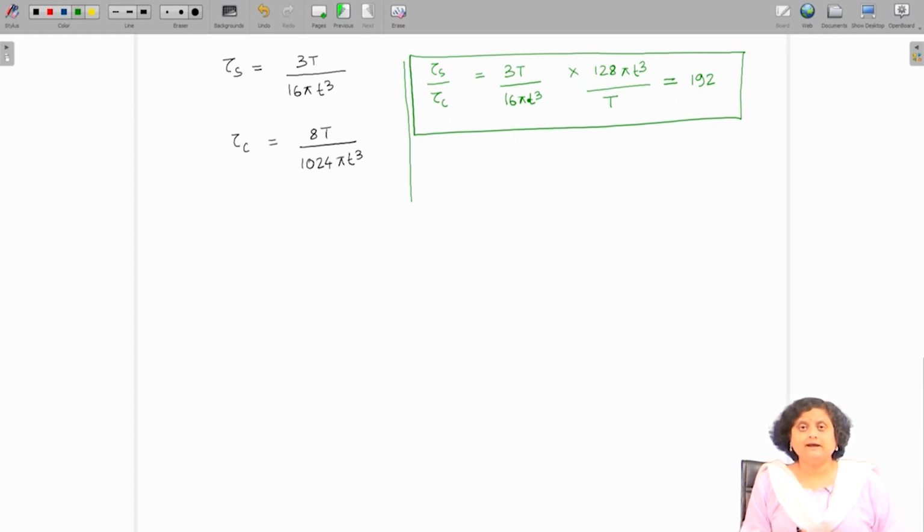So, we see that for the same torque applied to both cross sections, the maximum shear stress developed in the open cross section, or the cross section with the slit, is 192 times that of the shear stress developed in a closed cross section tube of exactly the same geometrical dimension and the same torque applied.